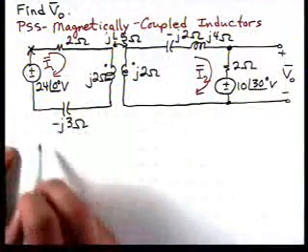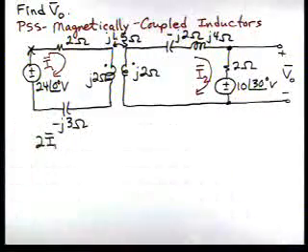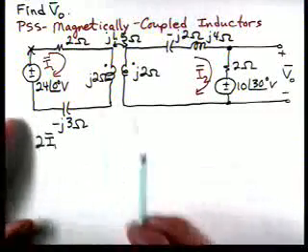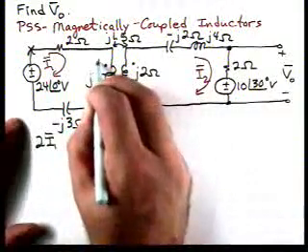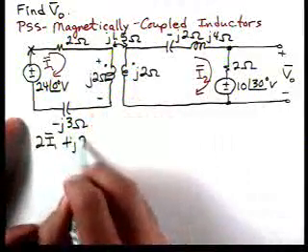So for instance, we'll have 2I1, that's a drop across the resistor. Now for our inductor, we have two voltage terms, one due to current I1, and it's polarized like that, and it's j2I1.